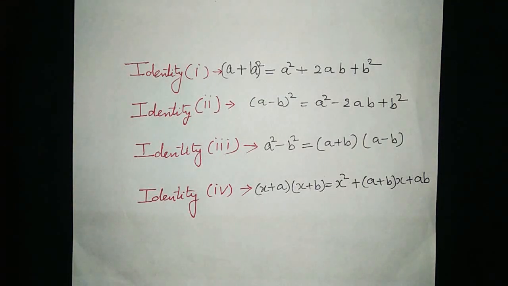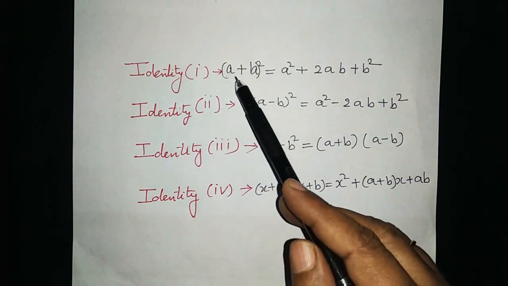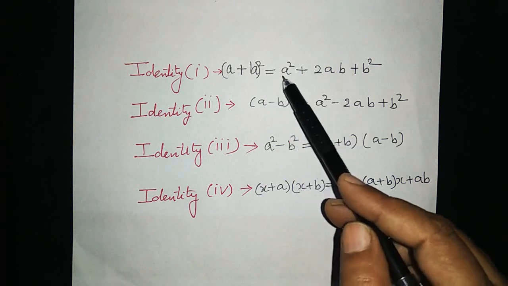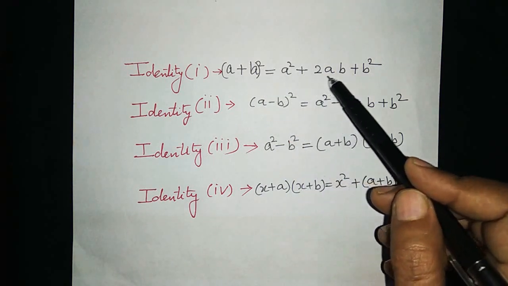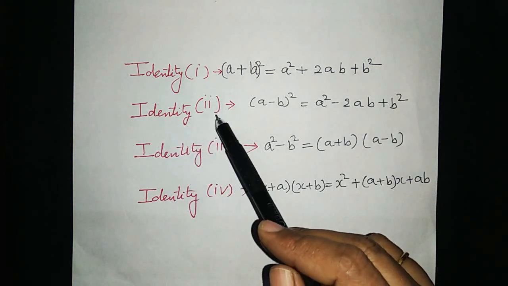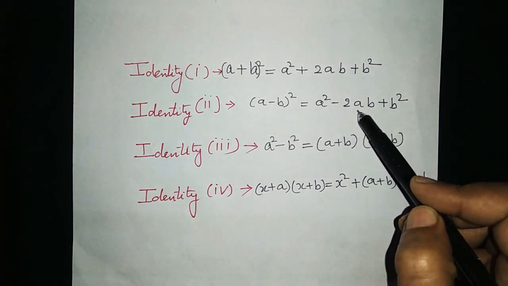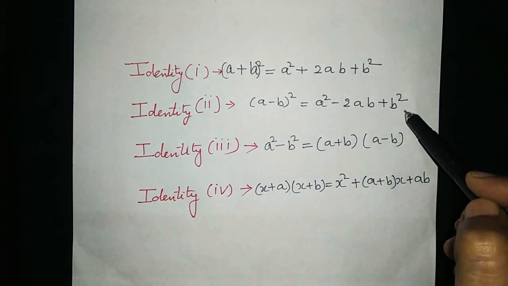Now students, we will start Try these of page number 149. But before starting Try these of page 149, you see all the identities once again. Identity 1 is a plus b whole square is equal to a square plus 2ab plus b square. Identity second is a minus b whole square is equal to a square minus 2ab plus b square.